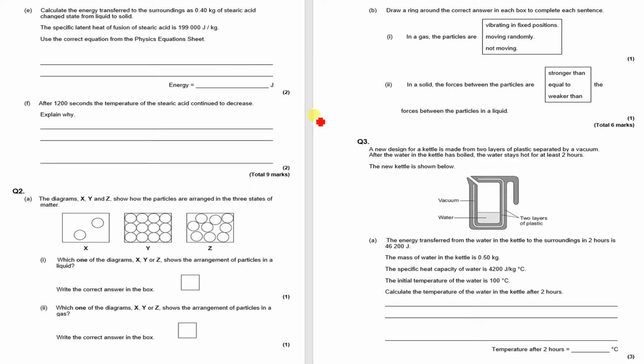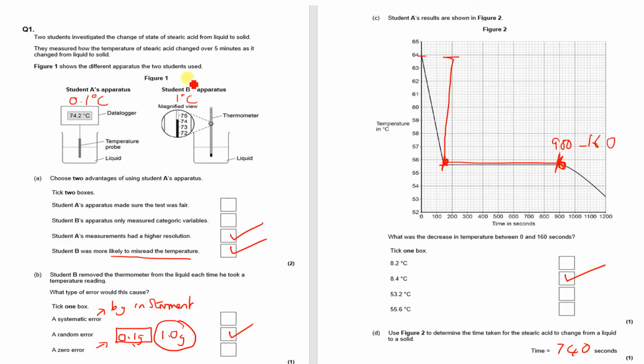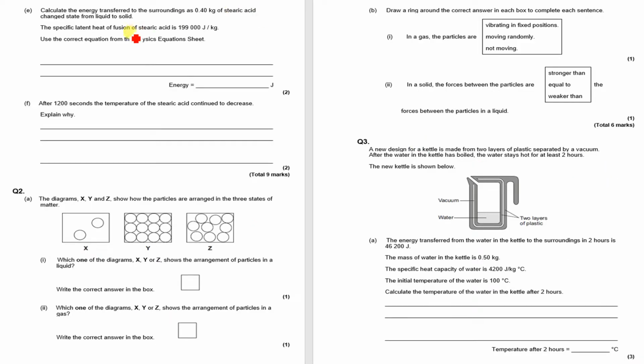On the next question, it says calculate the energy transferred to the surroundings as 0.4 kilograms of stearic acid changes from a liquid to a solid. So like I said, this was the latent heat of changing from a liquid here to a solid. So you've got this liquid phase right down to this point here, and then this is where it is a solid. Now, energy is equal to mass times latent heat.